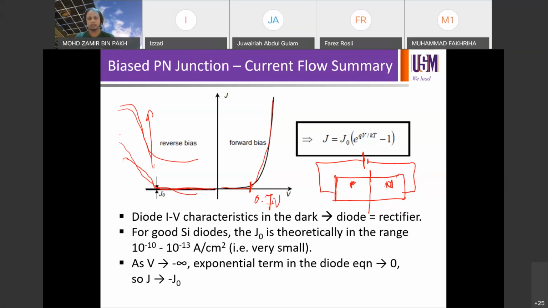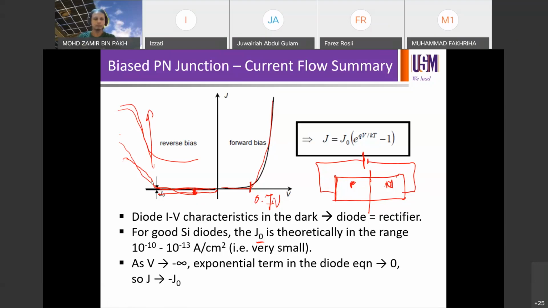But at the same time, we keep getting a very small amount of carriers crossing the junction. That will contribute to the leakage current, which we call J naught. That will give rise to the J naught here. If I can exaggerate a little bit, it looks like that in the negative region. This is typically in the region of picoamp or so, 10 to the minus 12 ampere per cm squared.